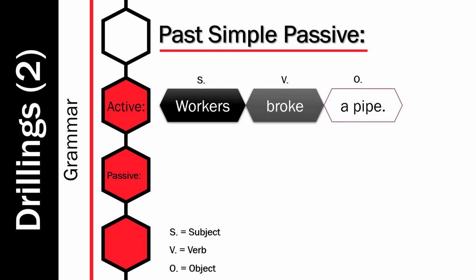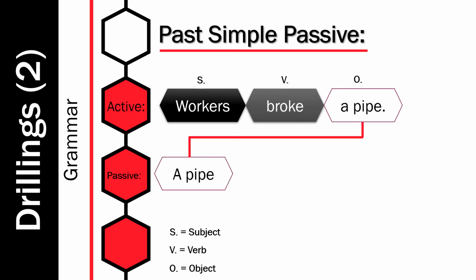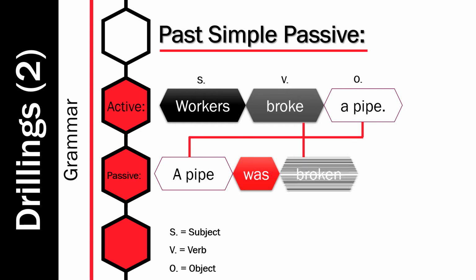Now to change it into the passive, we start with the object, a pipe, and because it is singular, we use was as form of be. Then we change the verb broke into the past participle form, broken.